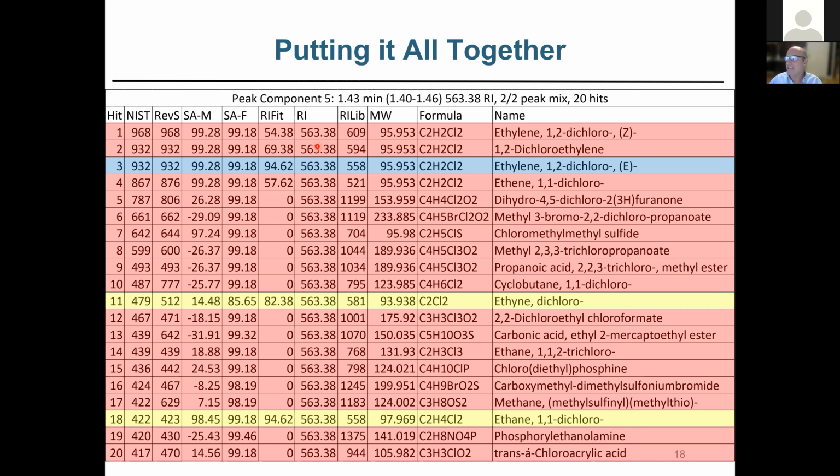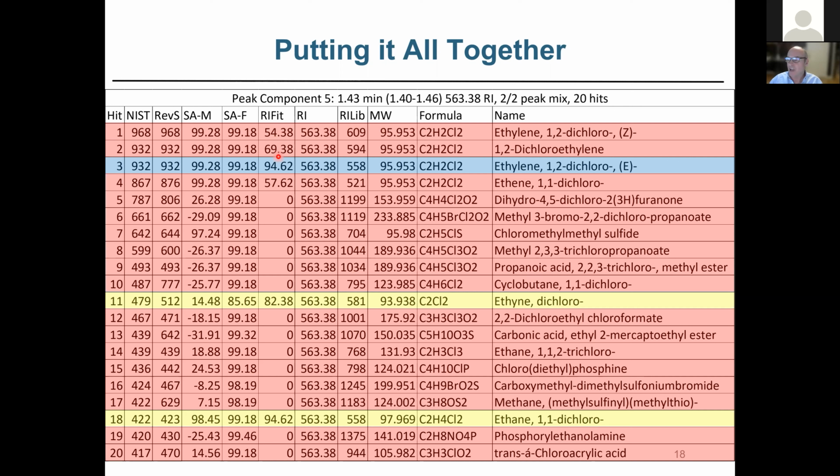To make it a little easier for you to read, we actually come up with a metric called RI fit. And what it is, it's just the difference between the library and the calculated retention index, subtracted from 100. So 100 is a perfect RI fit match. And 54 would be about 45 or 46 units off.